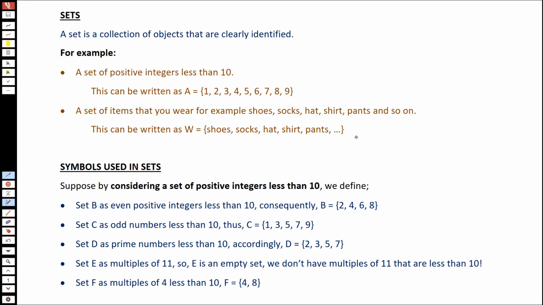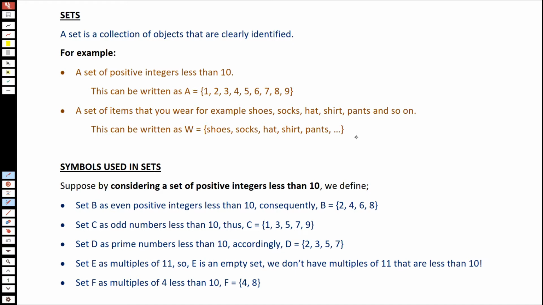Okay, we have symbols in sets, and in this section we are going to discuss those symbols that are used in set notation. So suppose we consider a set of positive integers less than 10. We want to define specific sets based on this.